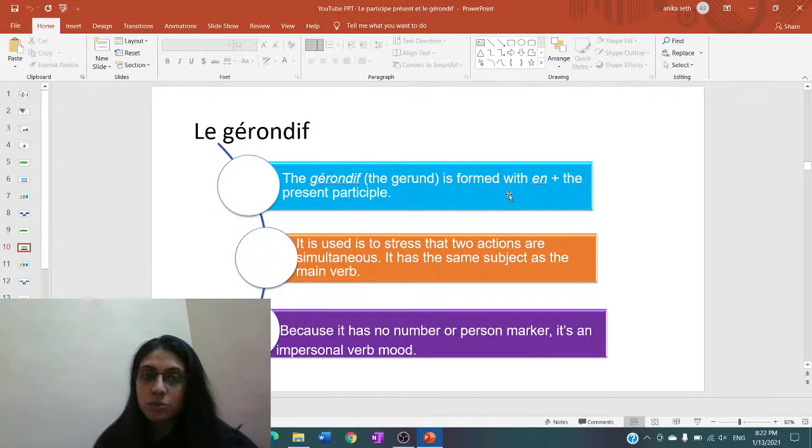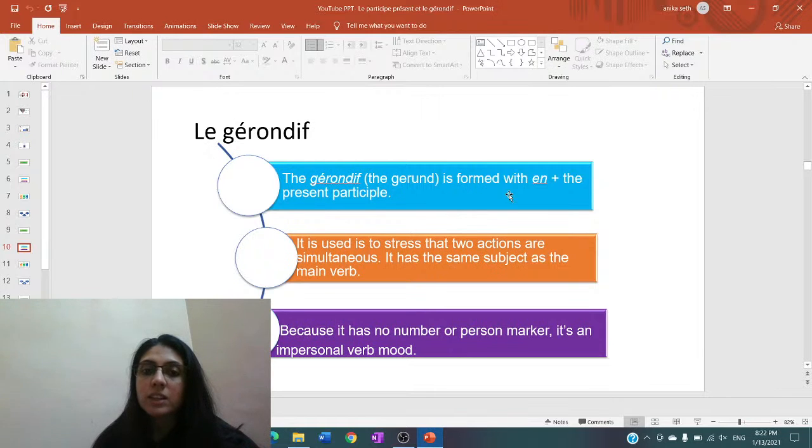Now why is it used? So one of the reasons is it is used to stress that two actions are being done simultaneously. So, for example, if I say that I eat my food while watching TV, or I'm driving while listening to the radio, while listening to music.